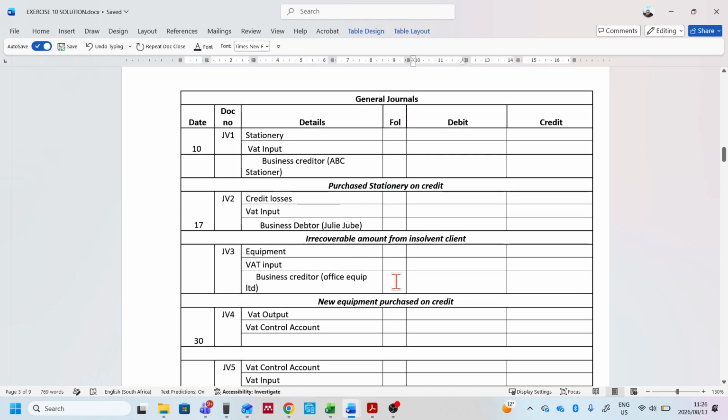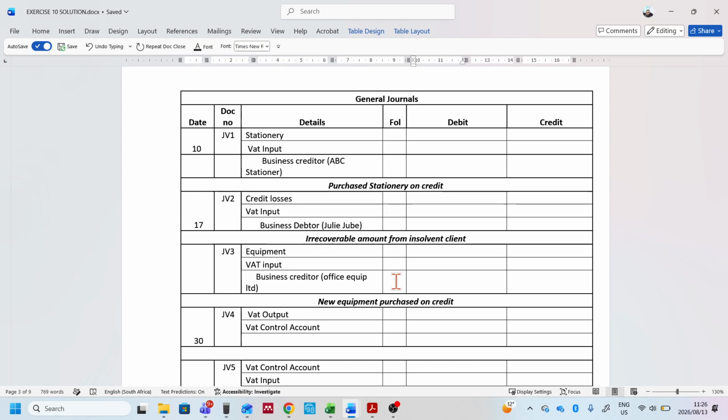And then the general journal. We said for the general journal, all transactions where the business is buying goods on credit. Because in an attorney practice, you do not have what you call a creditors journal. It means that those transactions will be recorded in the general journal. And they will follow the same principle of your accounting equation.